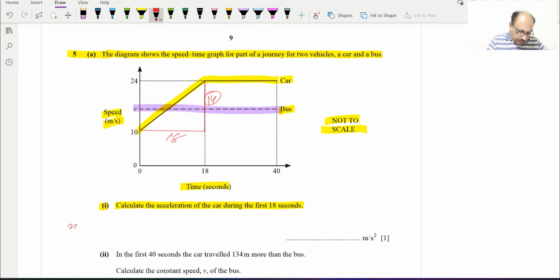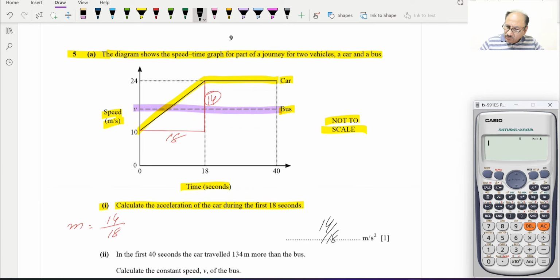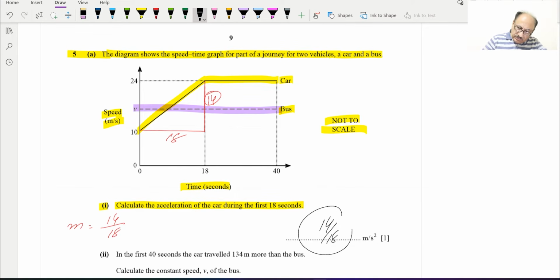So gradient will be rise over run, which is 14 over 18. We can directly write 14 over 18 as the answer, or as a decimal, 14 over 18 is 0.77. So we can indicate this as the answer for this 1 mark.